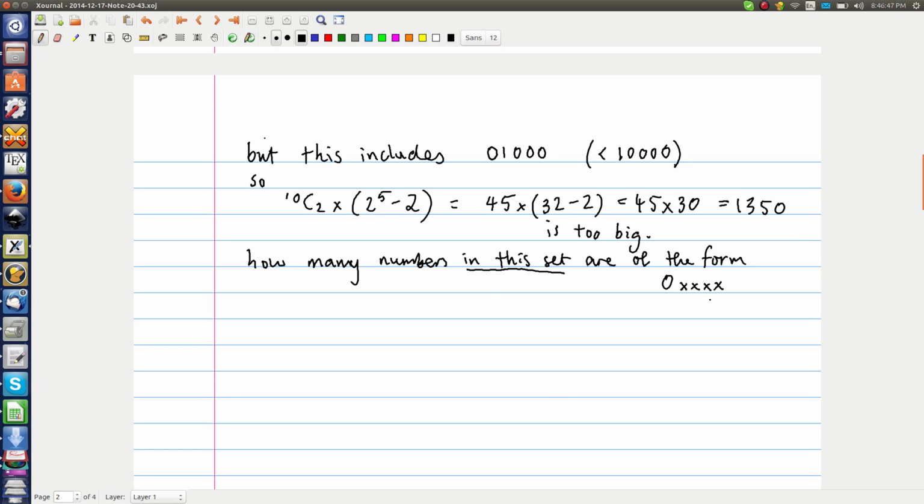So in other words, I don't want to count all numbers that start with 0. I want to count all numbers that start with 0, but which also were in that previous set. So how do I do that? In other words, I want to count everything that looks like 0, 1, 0, 1, 1, for example.